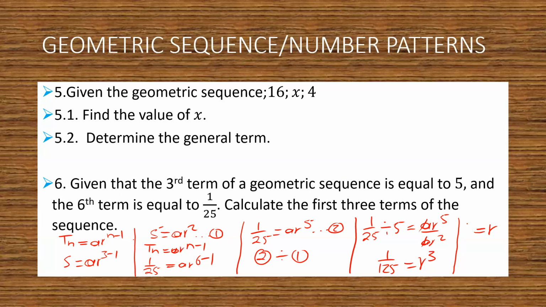The value of r equals 5. No. I wrote 1 divided by 5 to the power of 3. This is correct. So all you had to do was simply apply the cube root on both sides. You get it? So R is equal to 1 over 5. Do you agree with me?